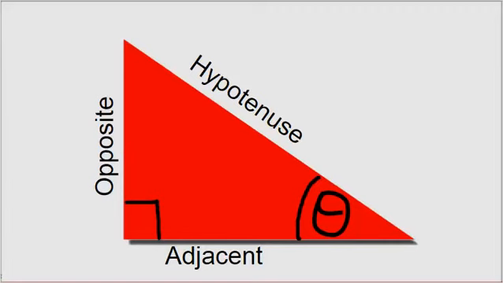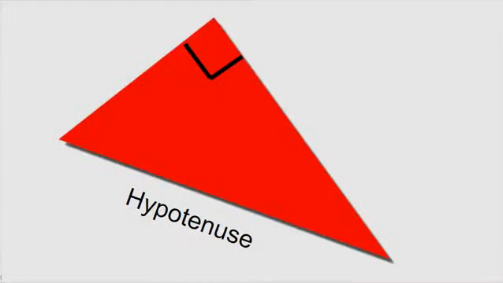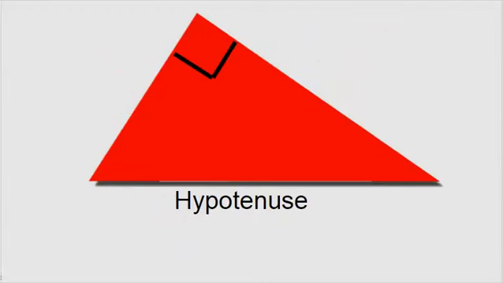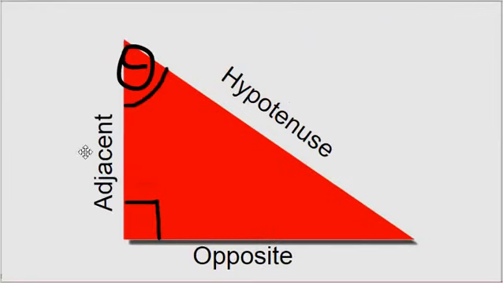It doesn't matter if you rotate it around, the hypotenuse stays the same. The hypotenuse is always on the opposite side from the right angle. Here we have the right angle, and the hypotenuse, the longest line in any right triangle, is opposite from there. If theta is on the other end of the triangle, in other words, we were looking at theta here a while ago, but now we have the line over here, so we're talking about this theta.